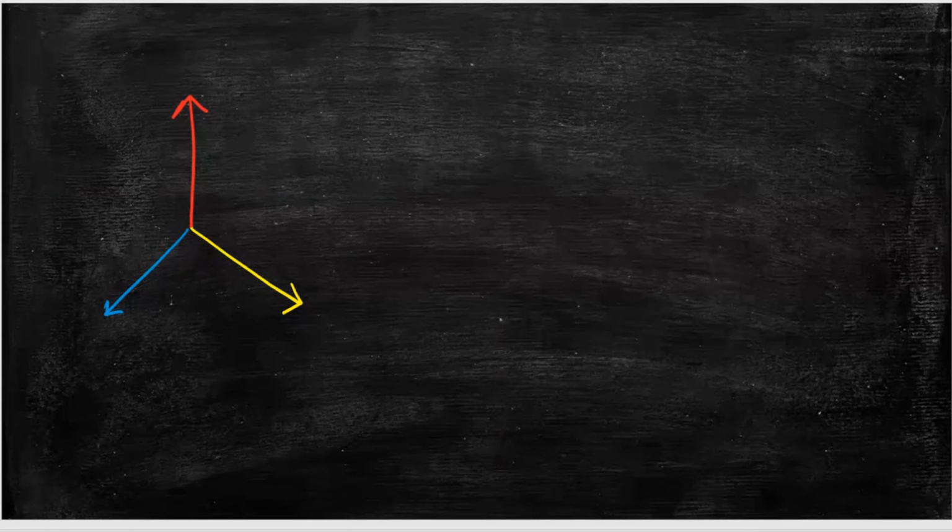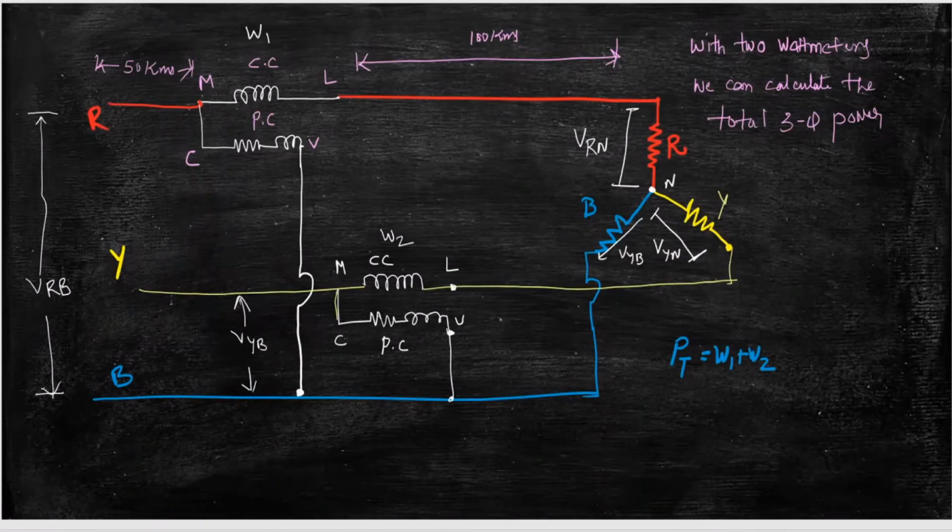So suppose this is IR, this is IY, and this is IB. Now let the load have a power factor angle theta, the angle between the phase voltage and phase current. I don't take pure resistance.